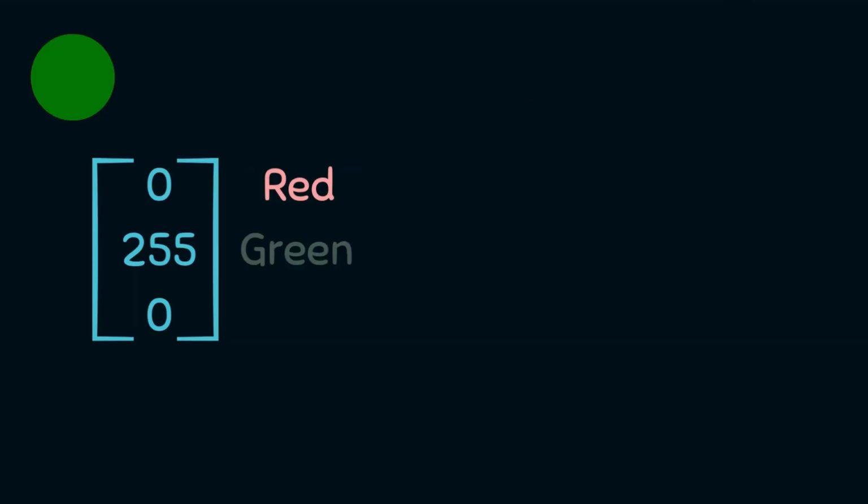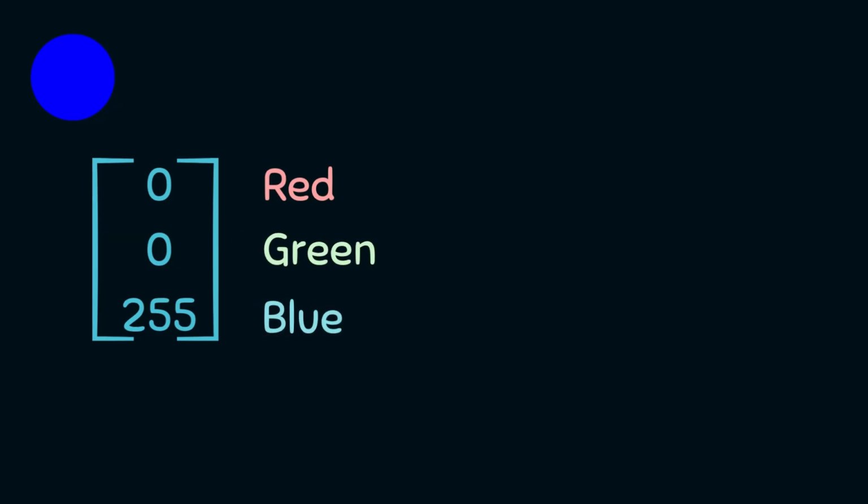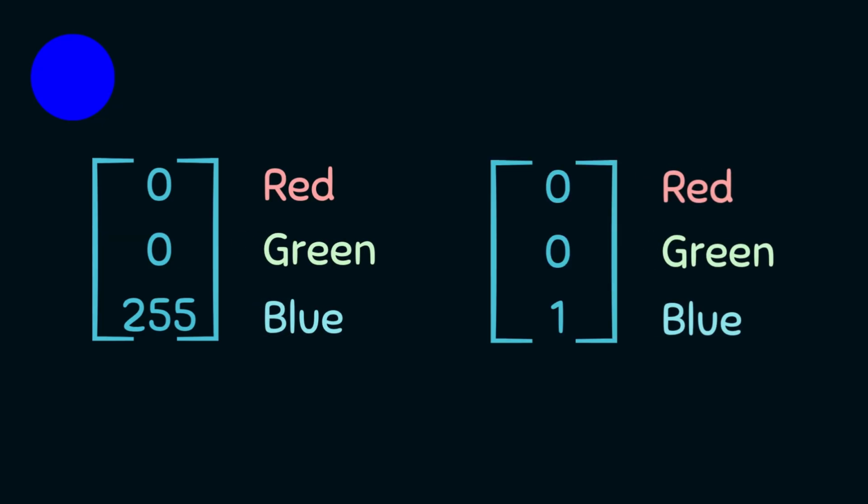Let's do the same for green. In the RGB color system, our vector would be 0, 255, 0. On planet Samudra, our one-hot vector would be 0, 1, 0. And for blue, RGB would be 0, 0, 255, and on planet Samudra, 0, 0, 1.